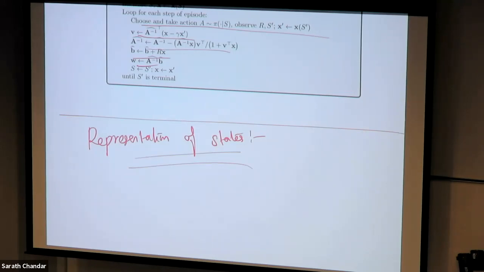Now, when you have linear models, which is essentially just W transpose X, the big disadvantage of linear models is there is no interaction between the features. So I'll point to the example given in the book, which is the task of pole balancing.